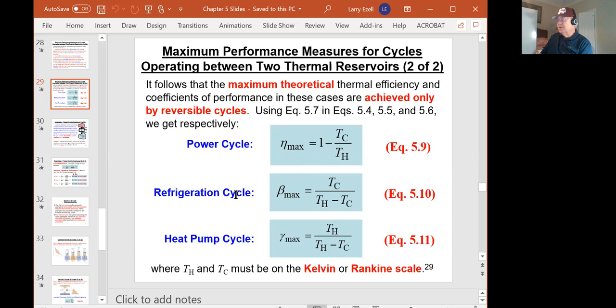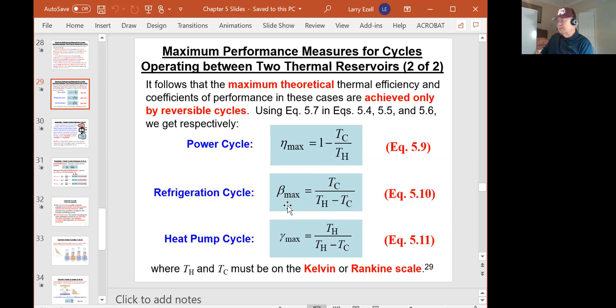For a refrigeration cycle, the best coefficient of performance you can get is TC over TH minus TC. Now, one thing I want to point out, when you have TH minus TC, you're looking for a temperature differential, so you don't have to have the temperatures in absolute values here. You have to have TC in absolute values.